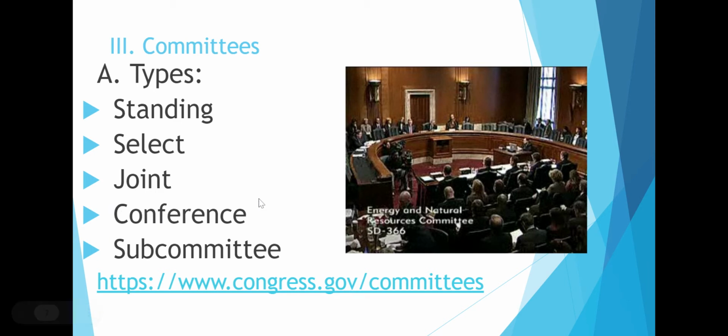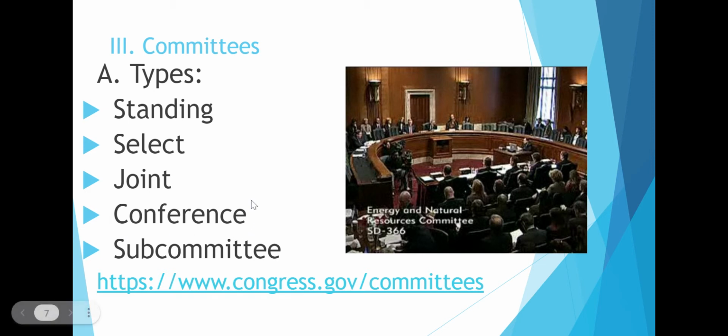Conference committees we will deal with more when we talk about how a bill becomes a law. If a bill passes the House, it then goes to the Senate. If the Senate makes any changes to the bill, now we've got two different versions of this bill floating around. Then some members of the House and some members of the Senate will get together in what is called a conference committee.